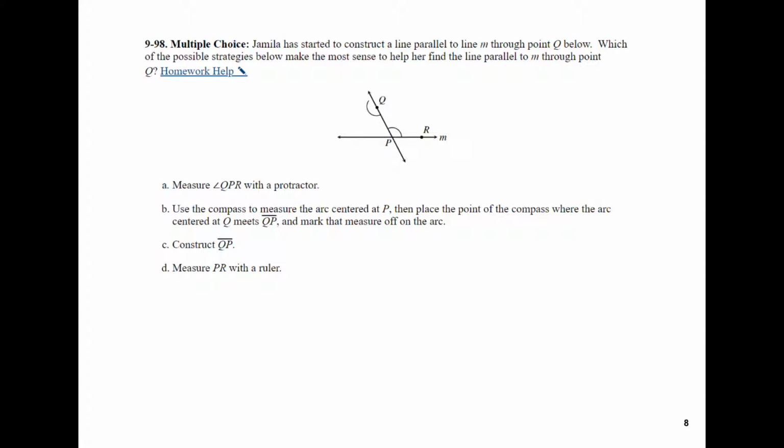Use the compass to measure the arc centered at P. Then place the point of the compass where the arc centered at Q meets QP and then mark off on the arc. Construct line QP or measure PR with a ruler. So in order to get a line parallel, B makes the most sense.